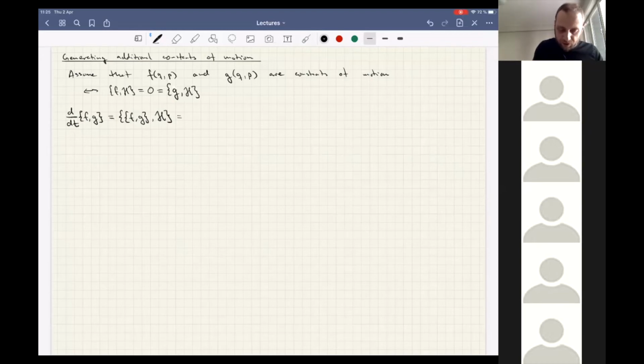If we just use the Jacobi identity, what we find out is that this is minus {H,{F,G}} minus {G,{H,F}}.